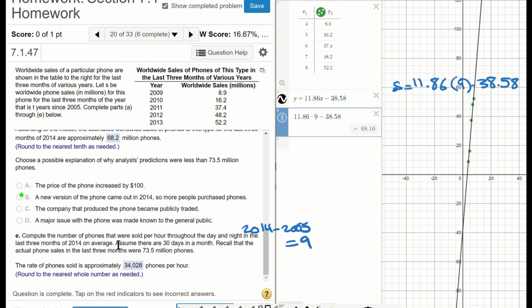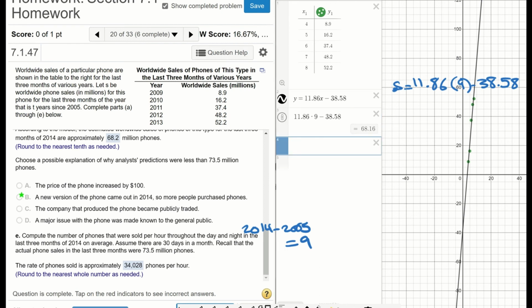Compute the number of phones that were sold per hour throughout the day and night in the last 3 months of 2014 on average. Assume that there are 30 days in a month and the actual phone sales in the last 3 months were 73.5 million phones.